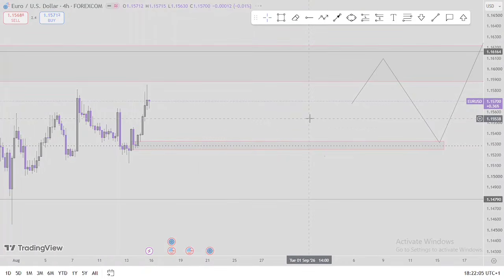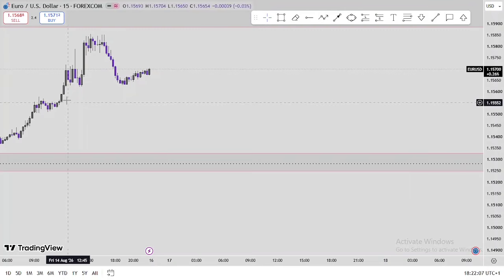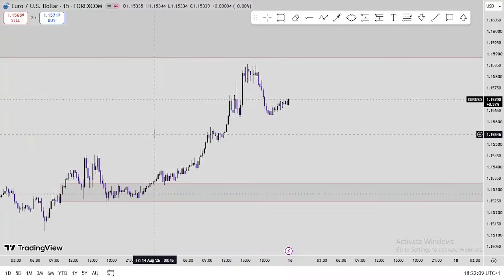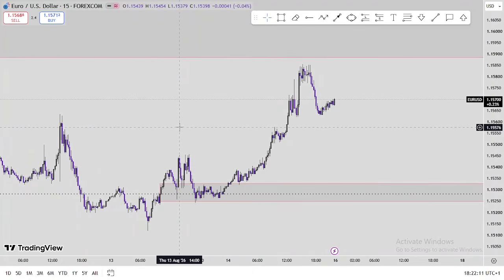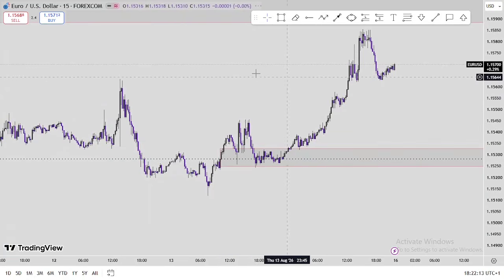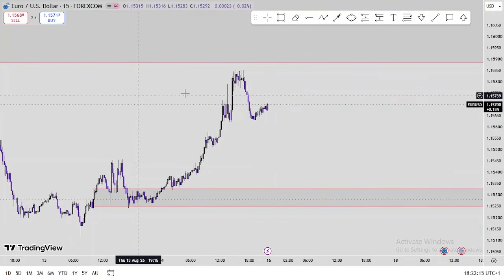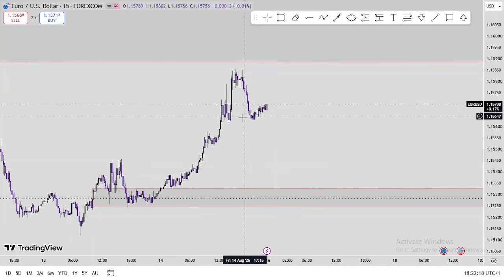Let's see how it's reflected on the 15 minutes. On the 15 minutes, obviously we are not in the market, but last week this could have been a potential opportunity with price going back to this demand area here before we start moving up.